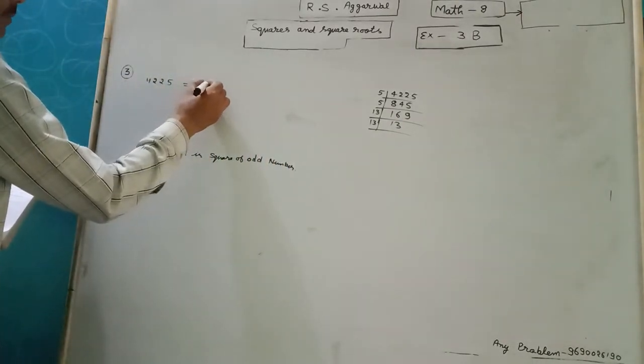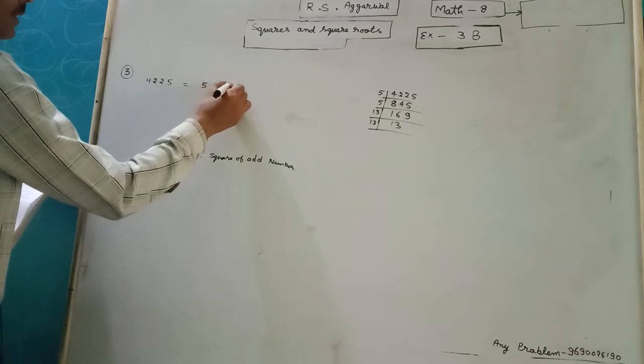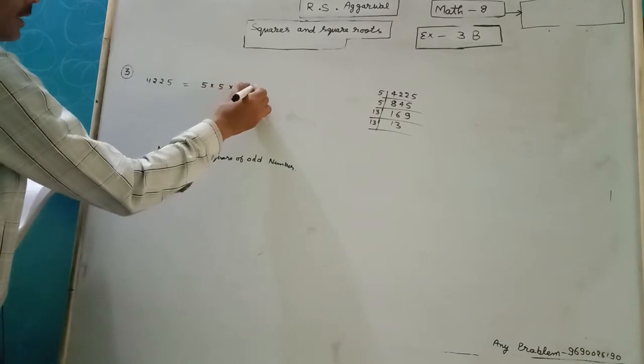Write the factor. 5 into 5 into 13 into 13.